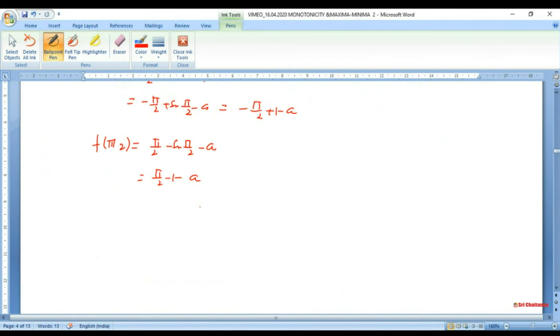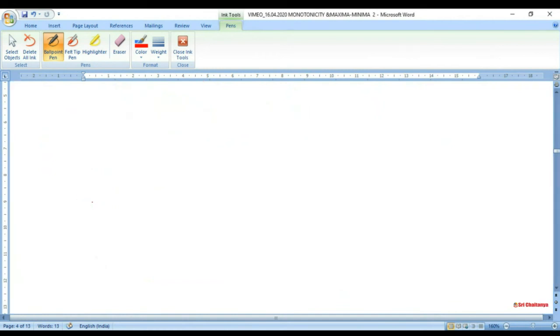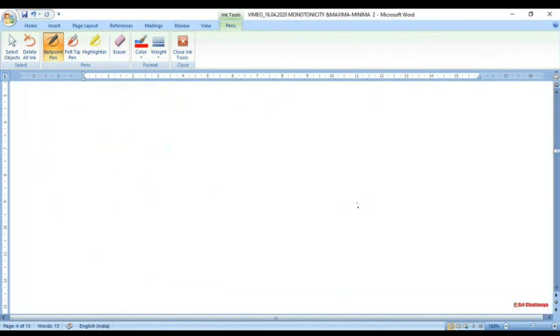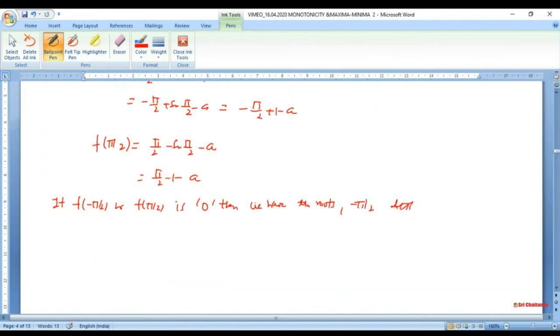Now, if f of minus pi by 2 or f of pi by 2 is 0, for such an a, then anyway we got the solution. Then we have the roots minus pi by 2 and pi by 2 for the corresponding values of a.